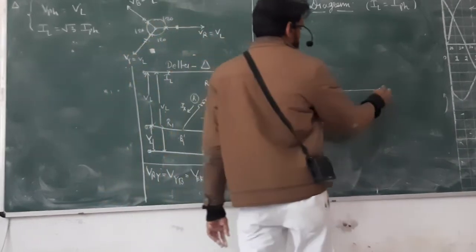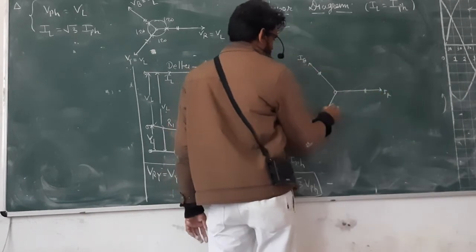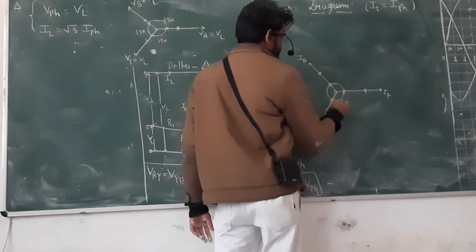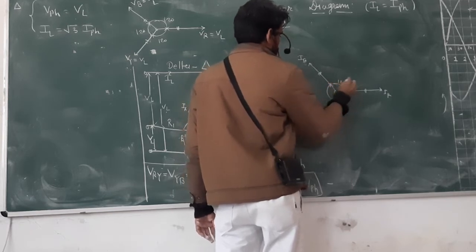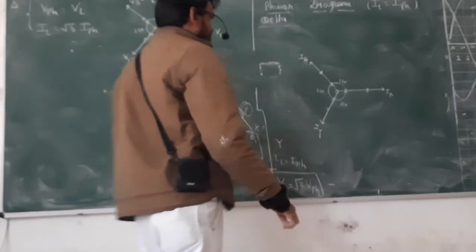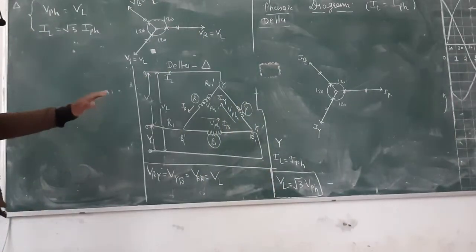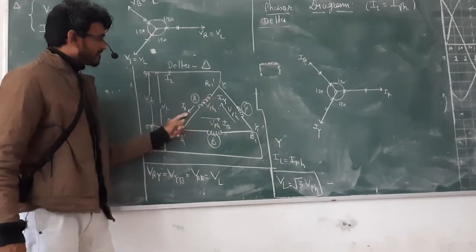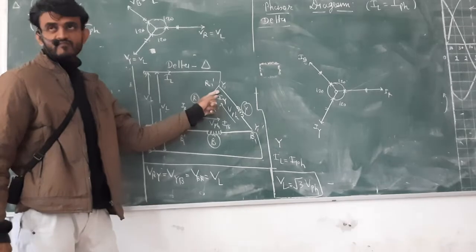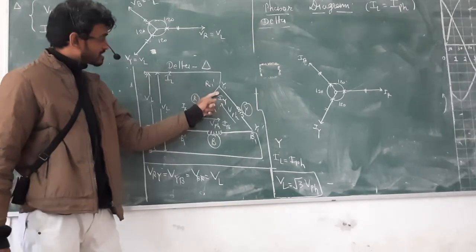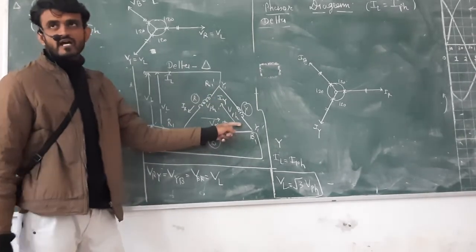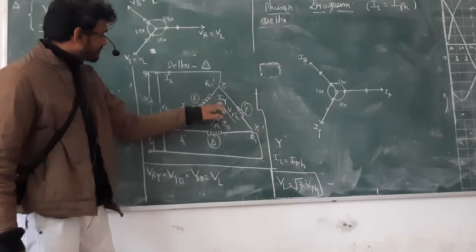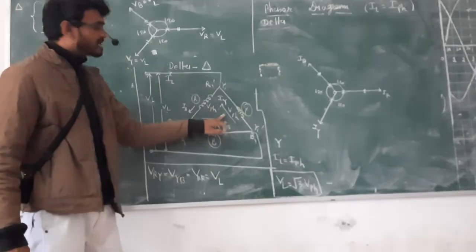All those vectors are the same, and all have a 120 degree relation. Now we want to add two currents, one going away and another coming in. If we want the other to also go away, then draw the opposite vector.